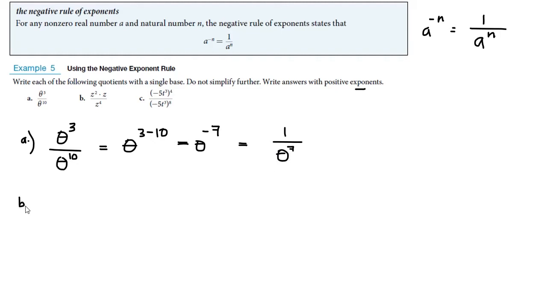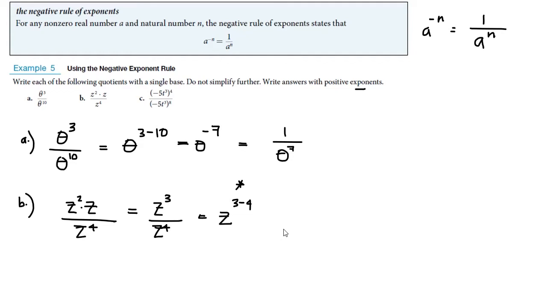Now in part B, we have z squared times z all over z to the power 4. So that's actually going to be z cubed in the numerator and z to the power 4 in the denominator. So that's z to the 3 minus 4. This step here we often do mentally, but because this is the first time I'm telling you about it, I want to write it in.